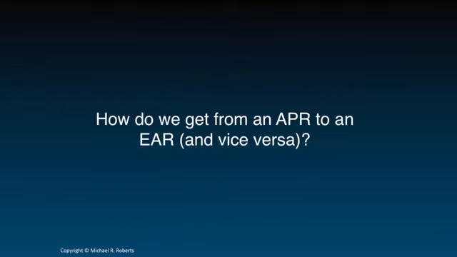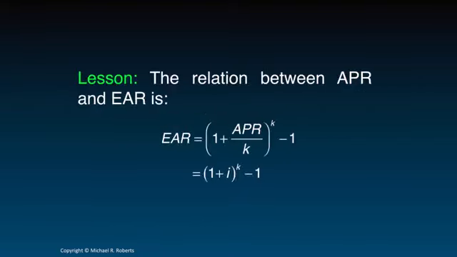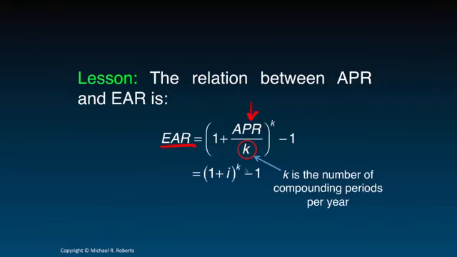Now, how do we get from one to the other? How do we move from APR to EAR or vice versa? Well, here's that simple mathematical formula I referred to a moment ago. The EAR is related to the APR by this equality. What's going on here? K is just the number of compounding periods per year. So imagine we had monthly compounding.